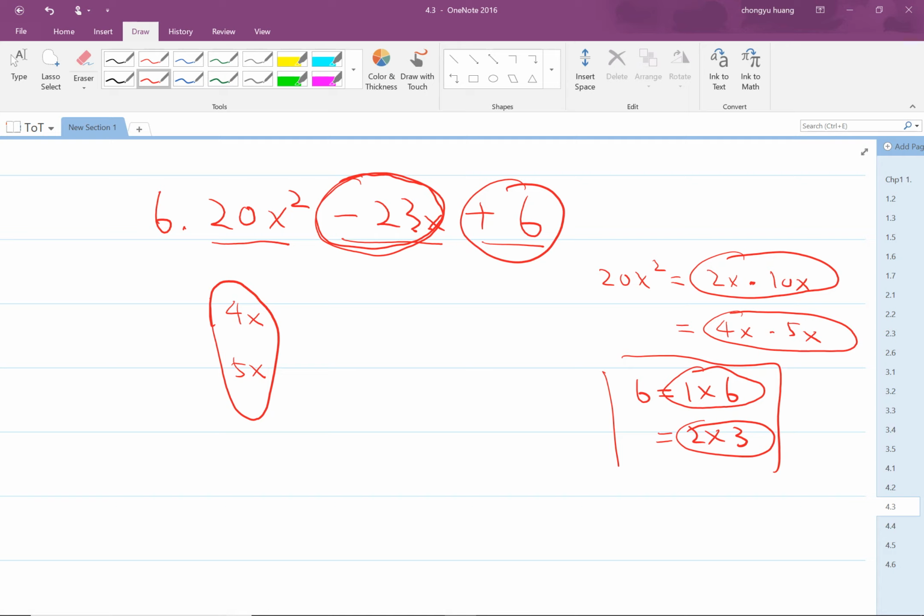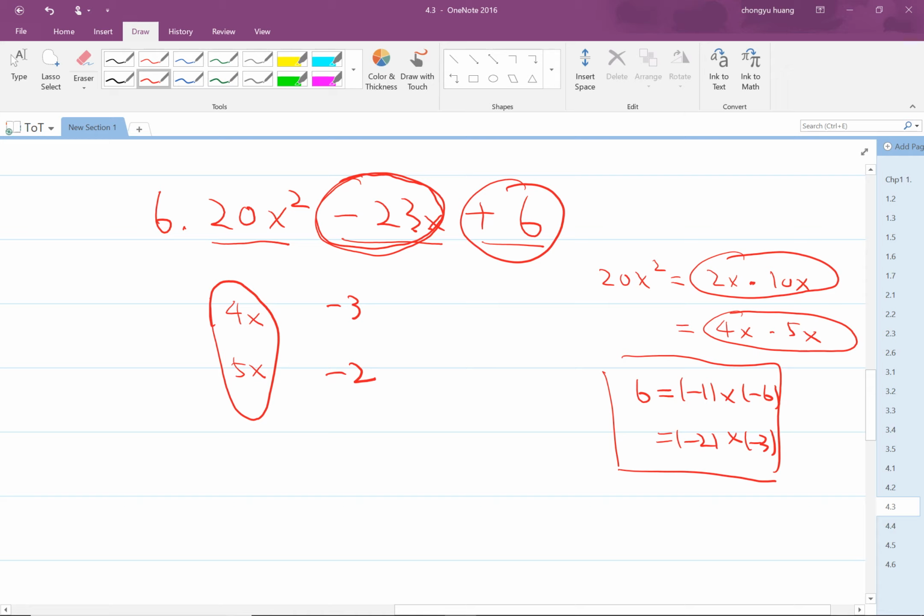So that basically means the numbers over here should be all negative. It should be negative 1 multiplied by negative 6, or negative 2 multiplied by negative 3. Okay? And I just want to say the right combination over here is actually negative 3 and then negative 2. Okay?